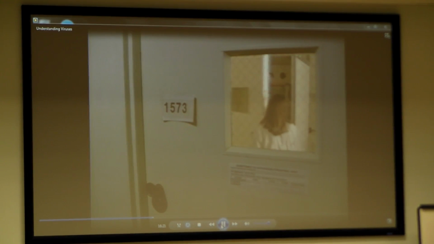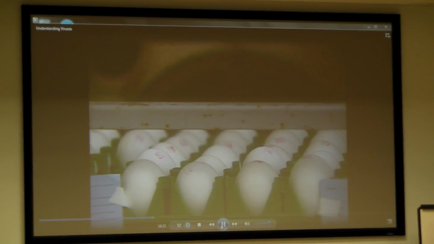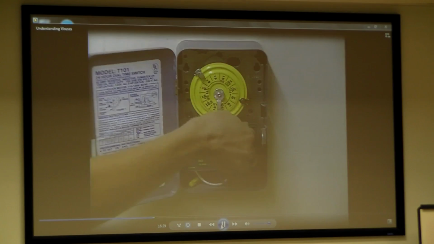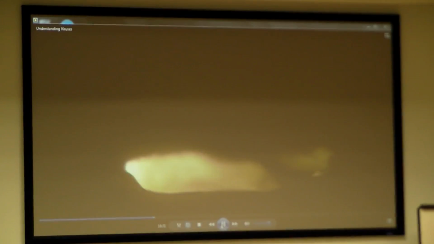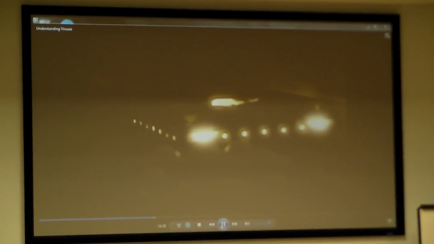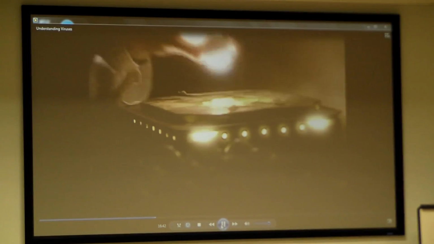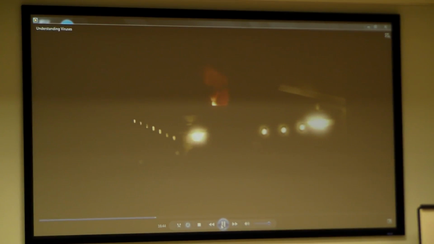One of the most common ways to make a vaccine is to grow it in an unnatural host. Chicken embryos are used to grow human viruses like yellow fever, measles, mumps, and influenza. Influenza has been grown in eggs for many, many years. It's our standard way of producing virus.